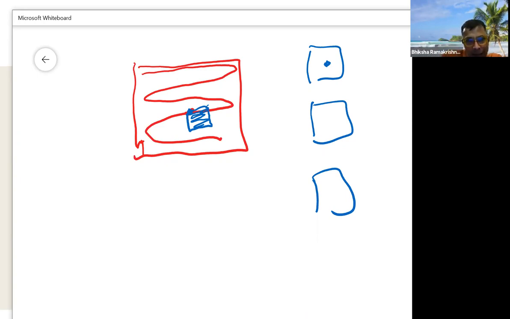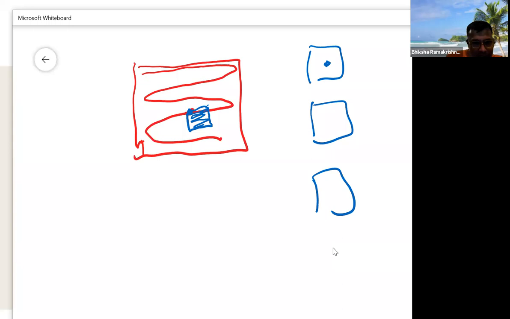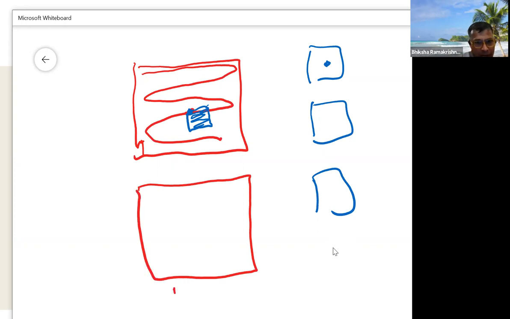So what is happening over here is, here it says you're going through all the filters. Within each filter, remember that in the previous layer, you're going to have several of these maps, right? This is y L minus 1.